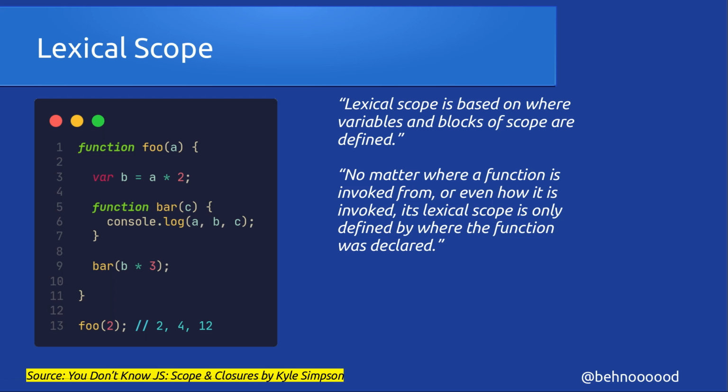The best way to understand lexical scope is through examples. By the way, by definition, lexical scope is kind of similar to closures. But to be clear, lexical scope is not closure.